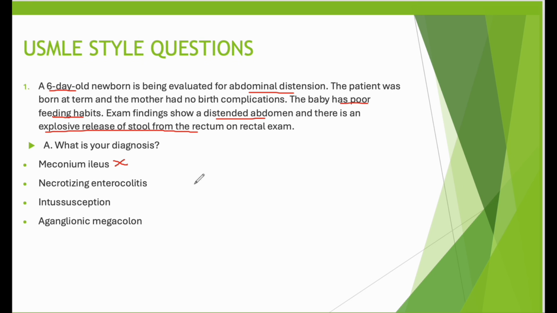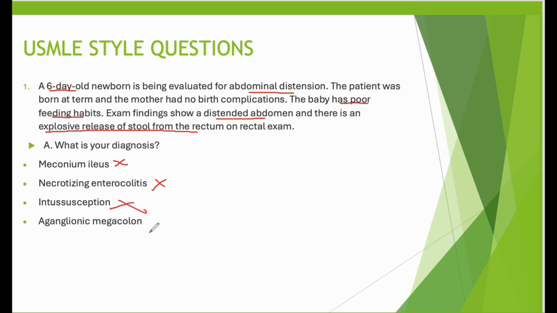Necrotizing enterocolitis sure can cause abdominal distension and poor feeding habits. But then on rectal exam, there is no explosive release of stools. We can also rule this out. Intussusception also has a normal rectal exam finding, so this can also be ruled out.